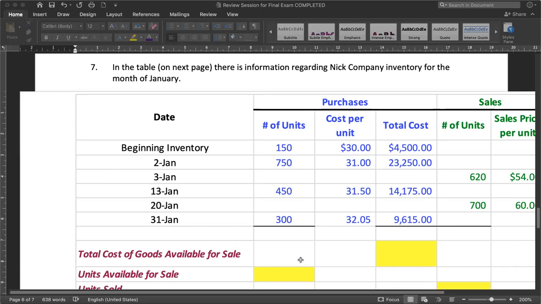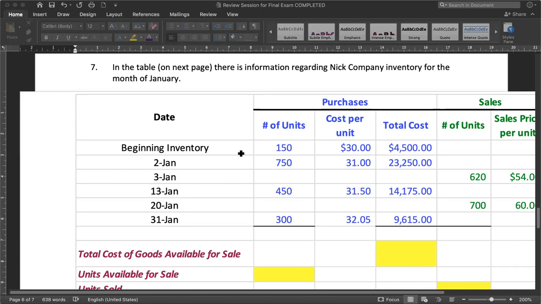So we know we have 450 units at $31.50. And then going back, we had 750 in the next earlier purchase, but 620 of those had been sold. So now there's 130 left. So there's 130 that are going to be at the $31 price.